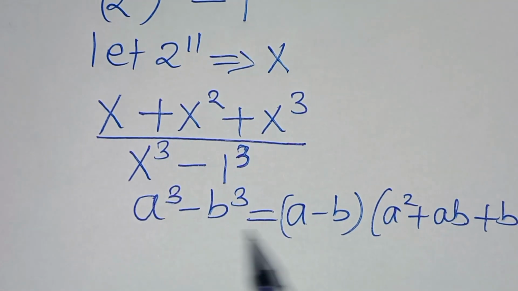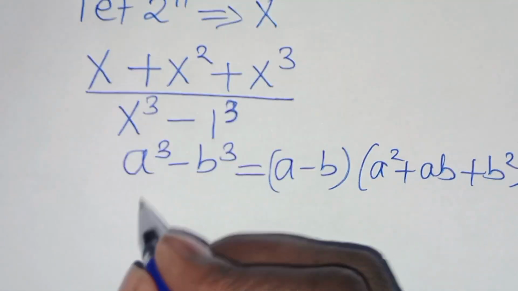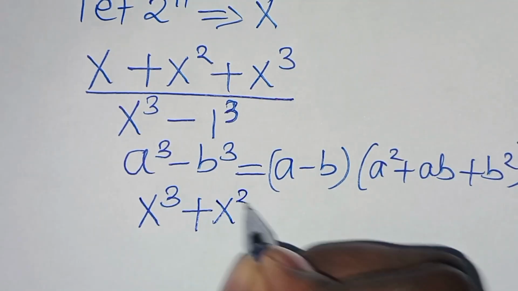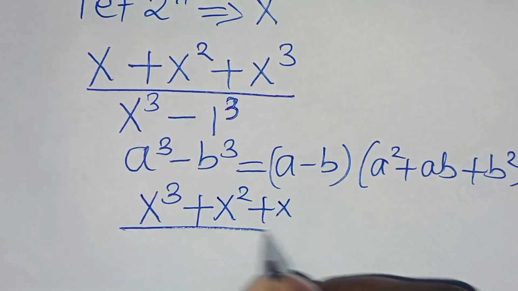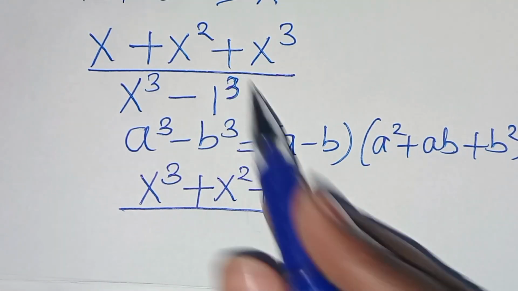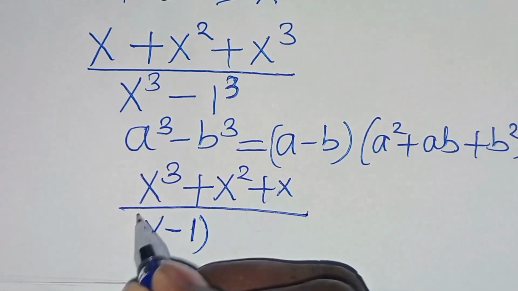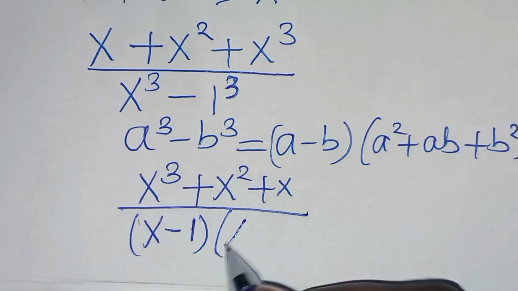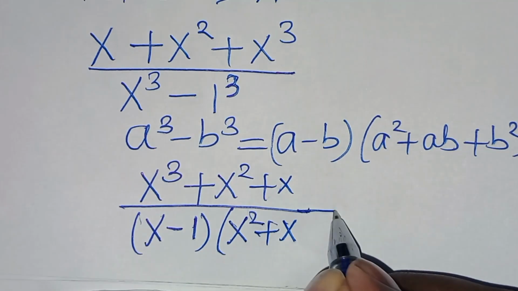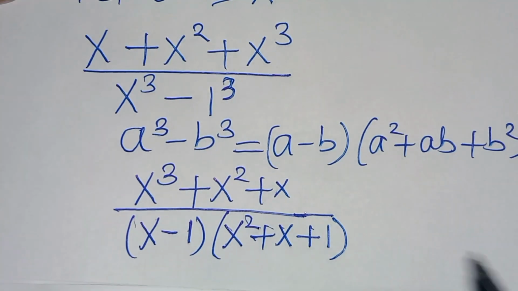Applying this identity, in the numerator we have x to the power 3 plus x squared plus x, divided by x to the power 3 minus 1 to the power 3, which is the same thing as x minus 1 times x squared plus x plus 1 squared, which is 1.